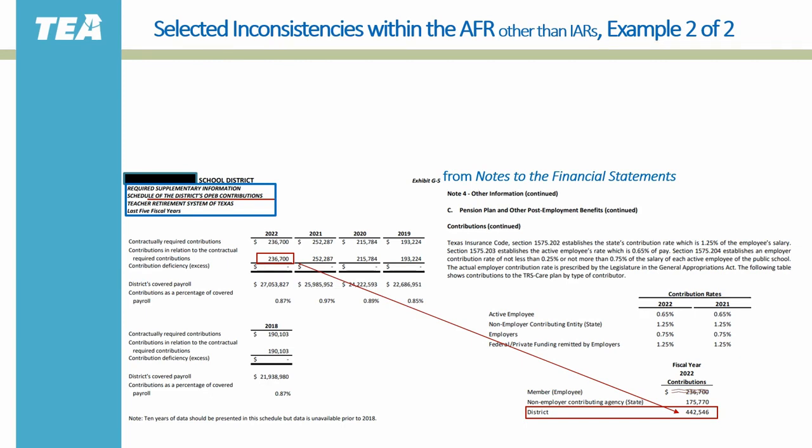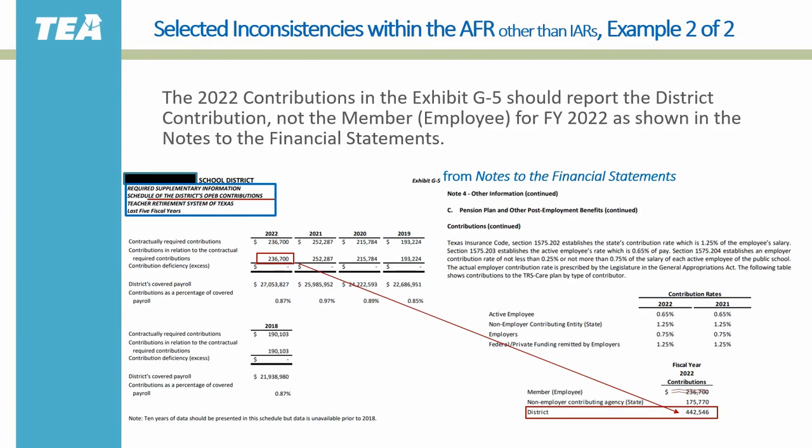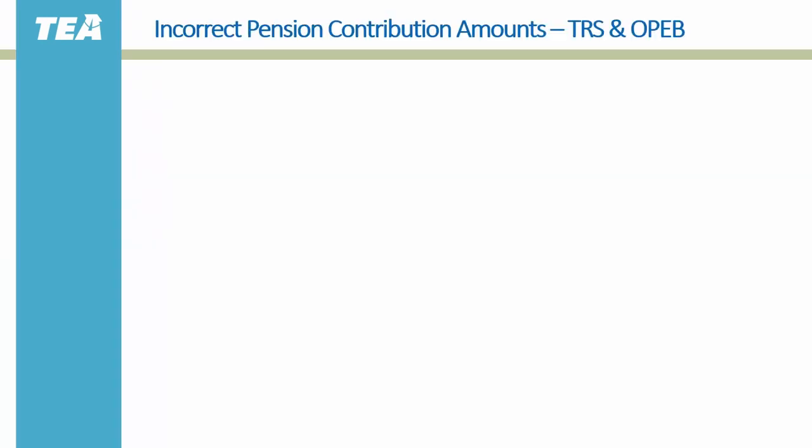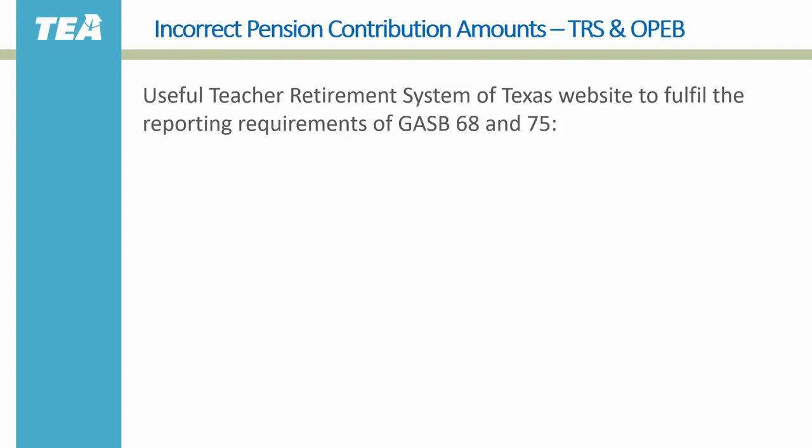In the end, we are going to discuss the reporting issues related to incorrect pension contribution rates and amounts for the Teacher Retirement System pension plan and the OPEB plan. School districts participate in the Teacher Retirement System's pension plan and the post-employment benefit plan.